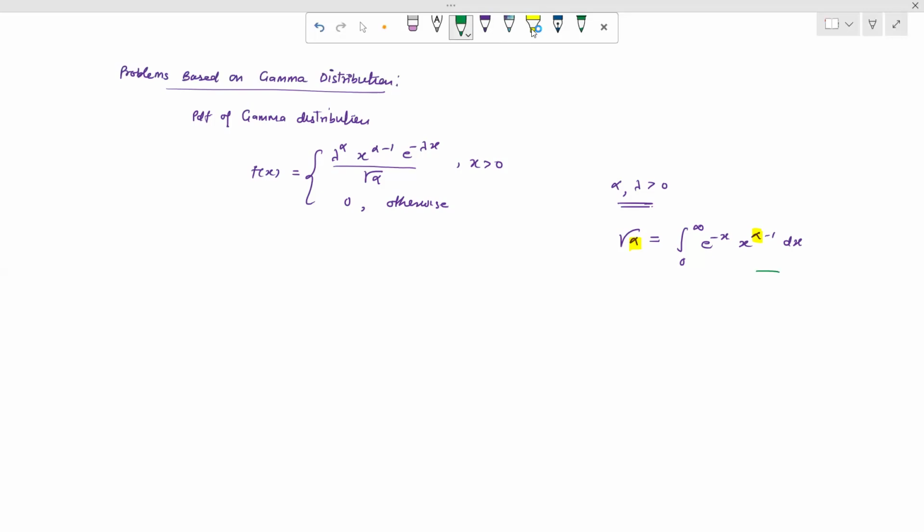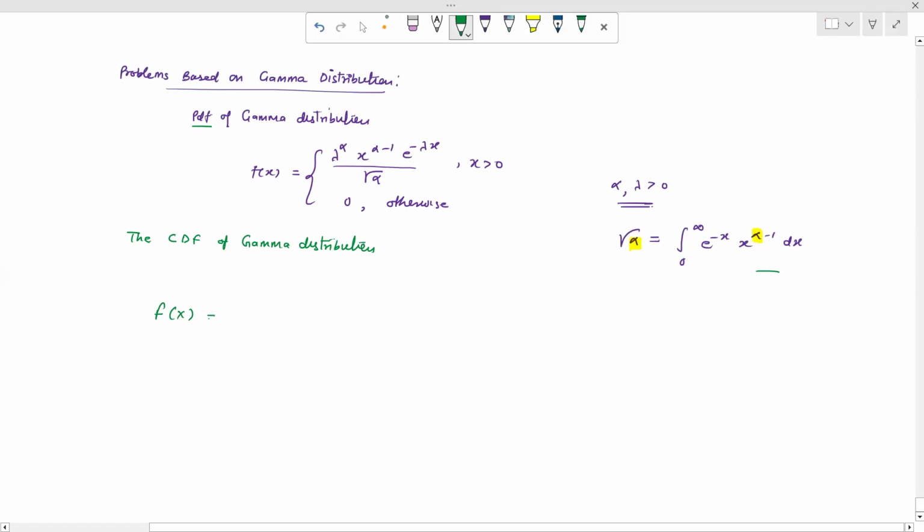Now we write down the CDF. So the CDF of gamma distribution, we denote it as capital F(x).